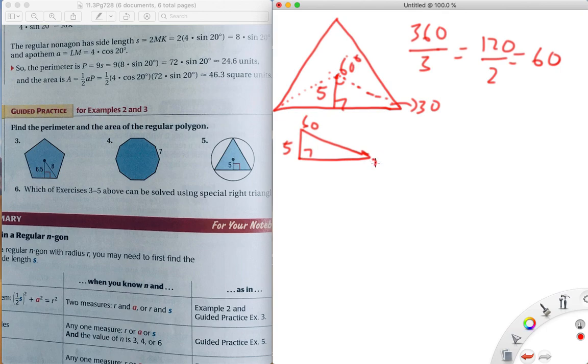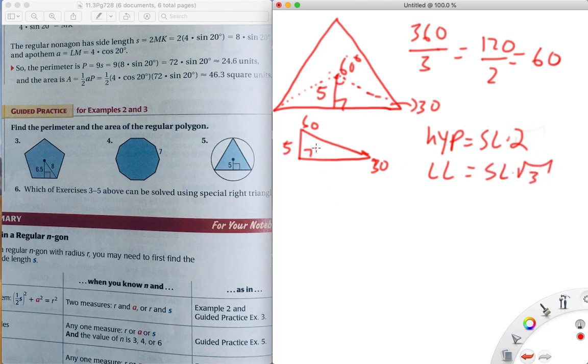And if you remember, we have 2 equations associated with that. The hypotenuse is equal to the short leg times 2, I'm sorry. And the longer leg is equal to the shorter leg times the square root of 3.